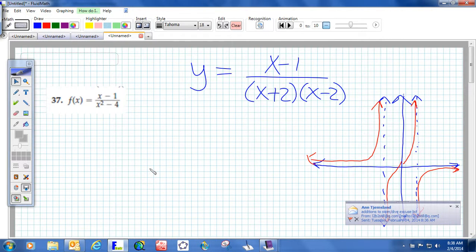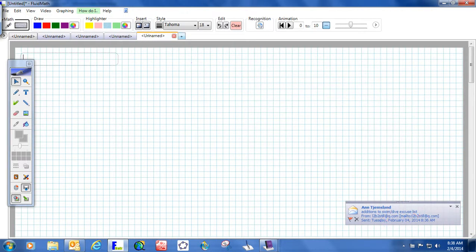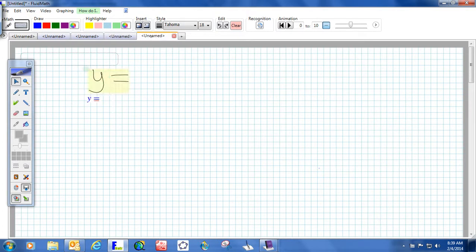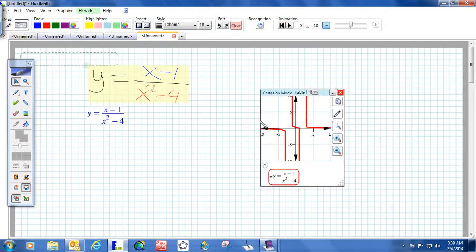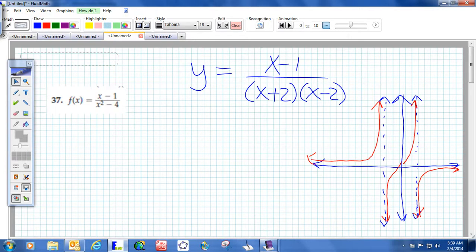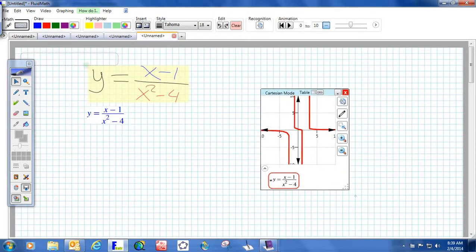I just want you to see how accurate this graph is. Okay, fine. What is it? X minus 1 over x squared minus 4. Ah! I wanted 100%.